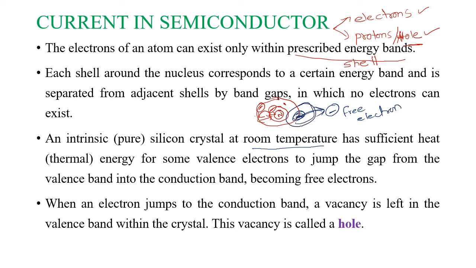And what happens to this place? So now it becomes a hole, because the electron comes out and this becomes a hole, and that is why it is saying that there is a vacancy and that vacancy is called a hole.